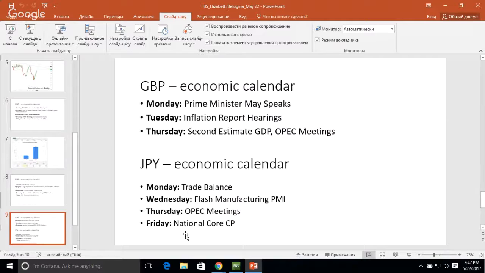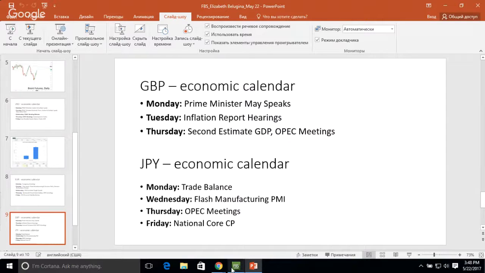If Carney gives a signal that high inflation will make the central bank increase interest rates in the foreseeable future, then this will be a reason for the British pound to rise above 1.30 and go towards the 1.31 and 1.32 targets. And on Thursday, pay attention to the second estimate of British GDP. Also, the meeting of the oil exporters will be important.